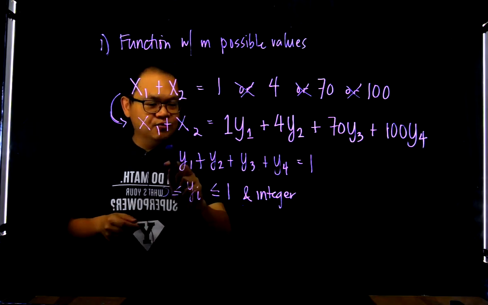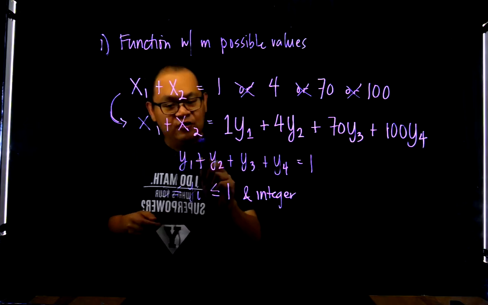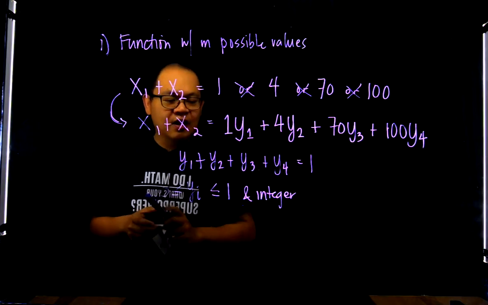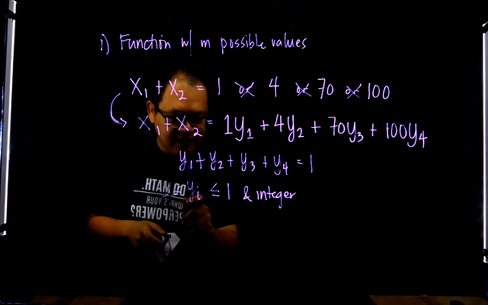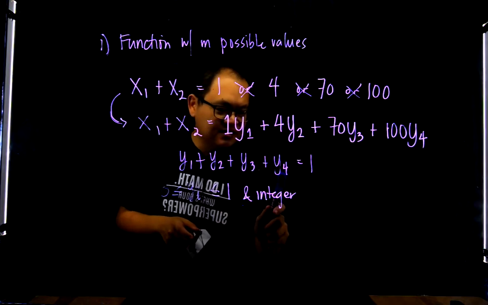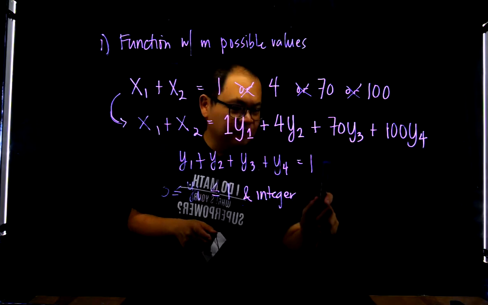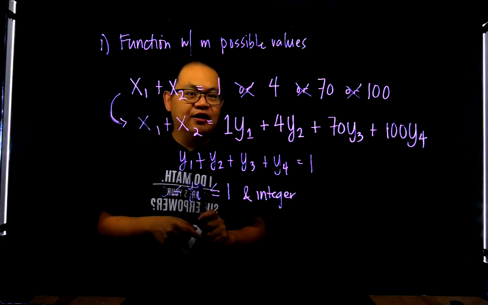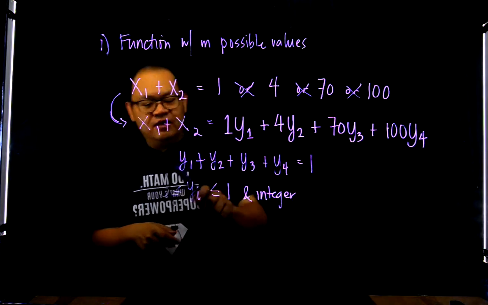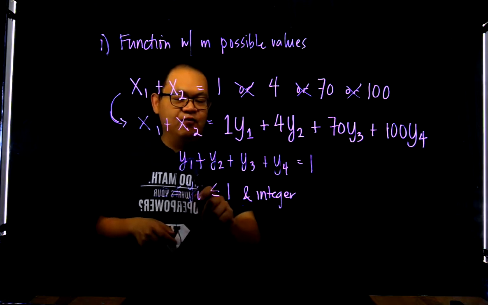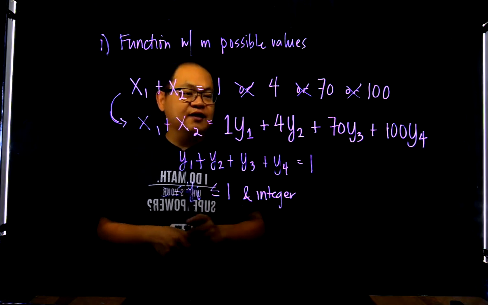And what are we trying to say with this constraint? What we are trying to say is that out of the 4 switches, we only want 1 to be on at any point in time. This one just tells us that every variable y is a switch.